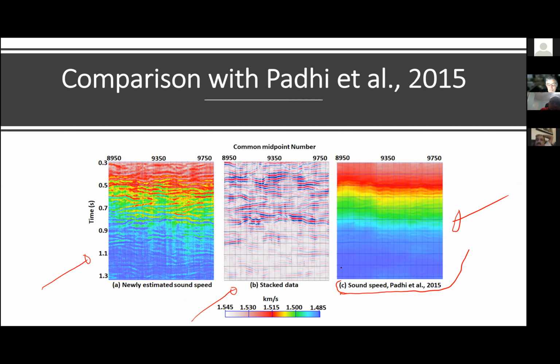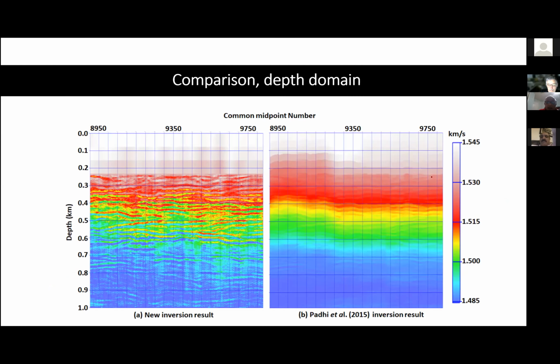But you can see this newly inverted model follows all these features on the stack data, and I don't find them in the old model. Of course, this is a waveform based inversion, so I just showed the stack data to compare.